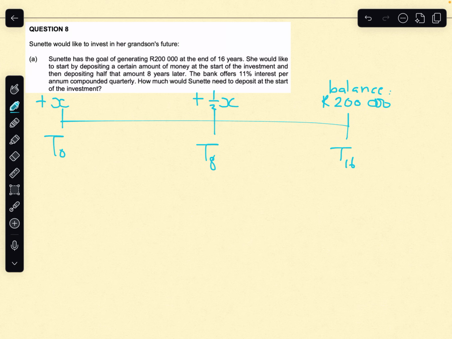Right, and all this while the investment is growing at 11% per annum, compounded quarterly.